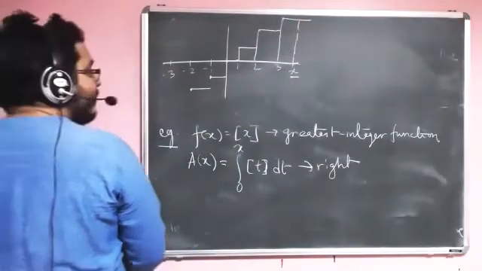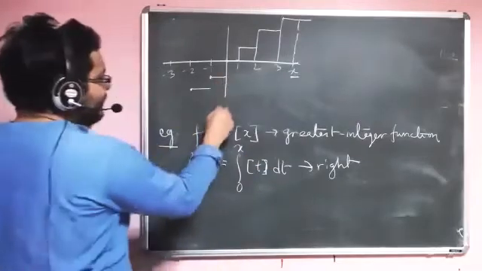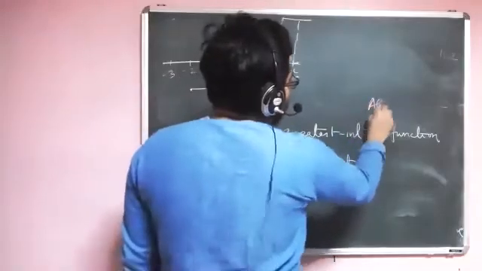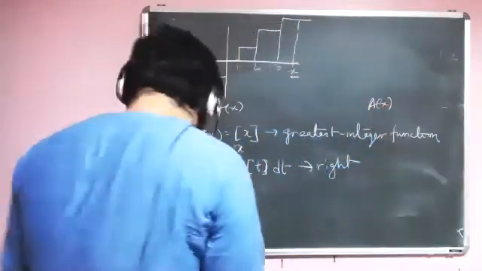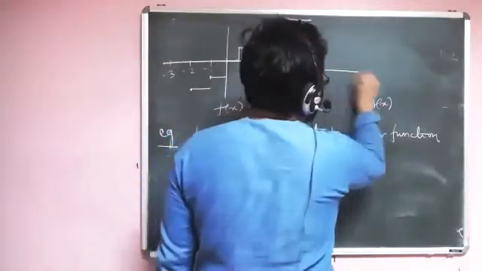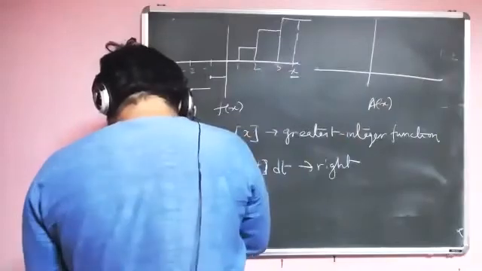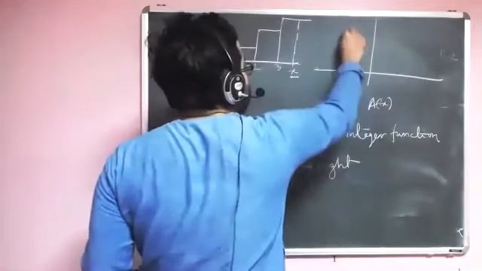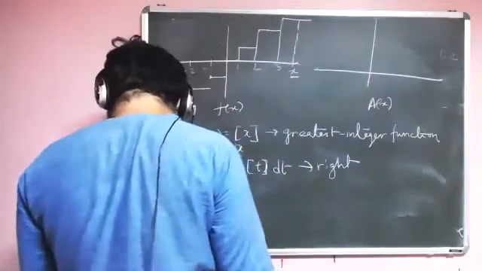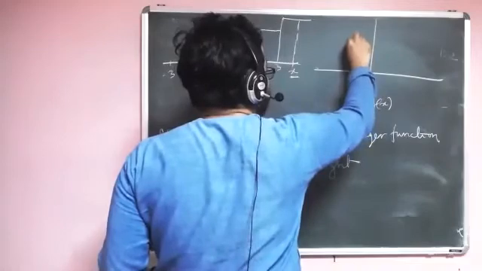Now, if this is my f(x), and I draw the A(x) here, how will that A(x) look like? So it will be like this. Let's first come down.